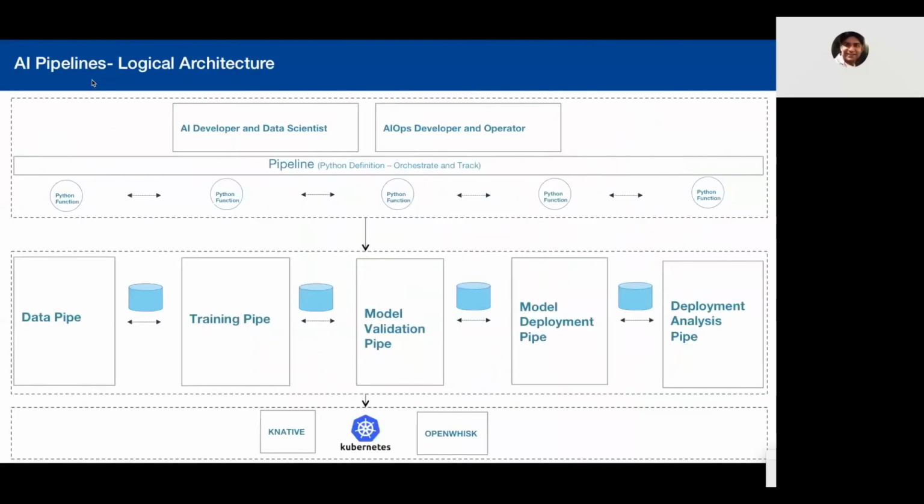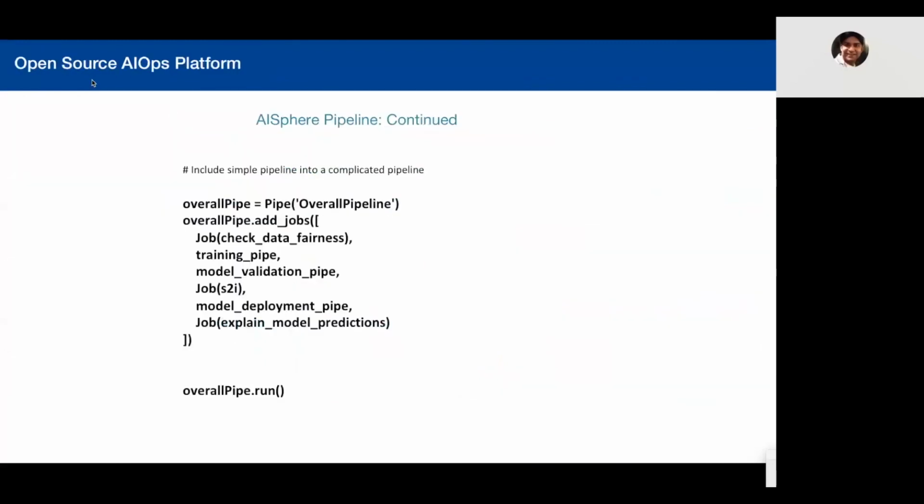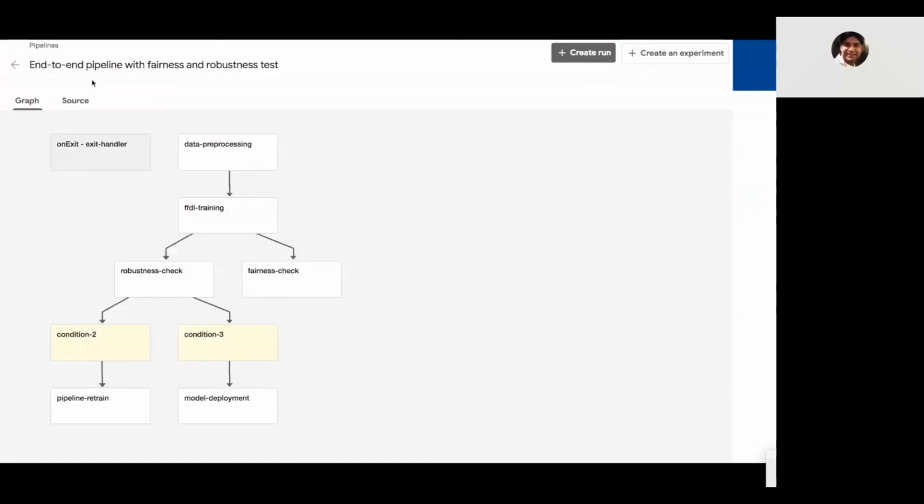And if you look at the logical architecture, essentially how these things work together around different phases of the life cycle. We are looking at ways to create overall AI pipelines, combining them and targeting AI developers and data scientists so that it looks like a sequence of Python functions.